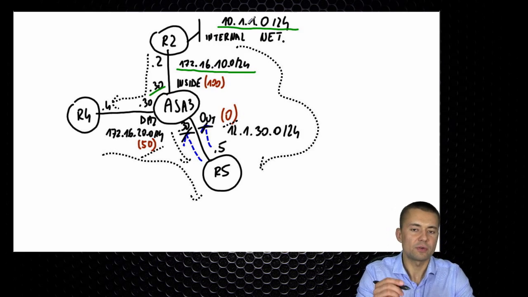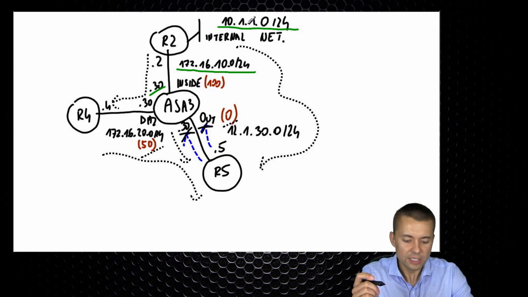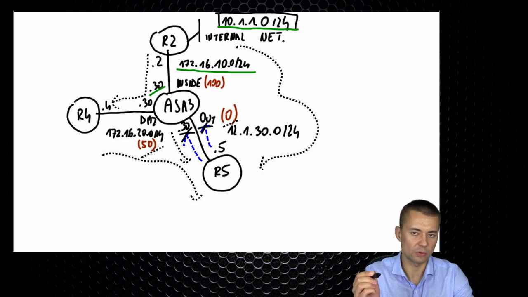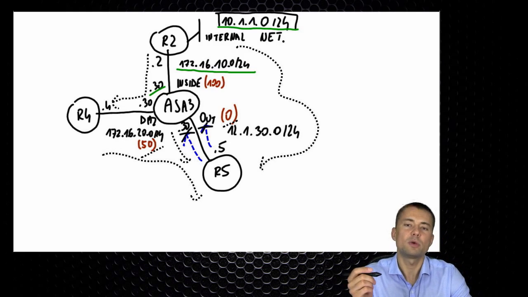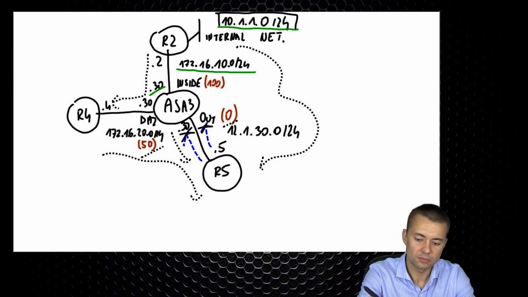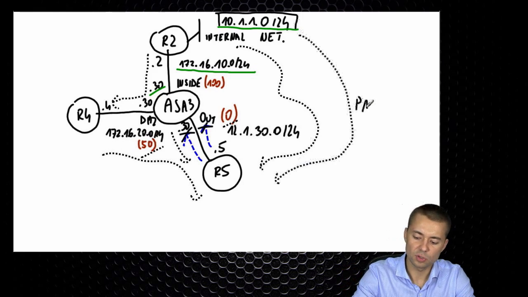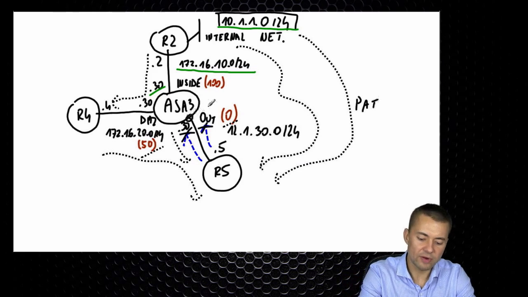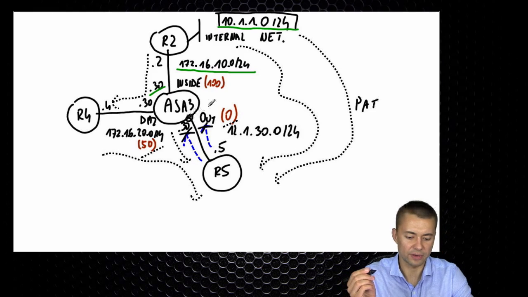Since we are using the RFC 1918 range on the inside, the internal network is 10.1.1.0/24. I will translate this whole subnet using PAT. So it's going to be port address translation, and I will be using the IP address of the ASA outside interface. This is the first thing that we will do.